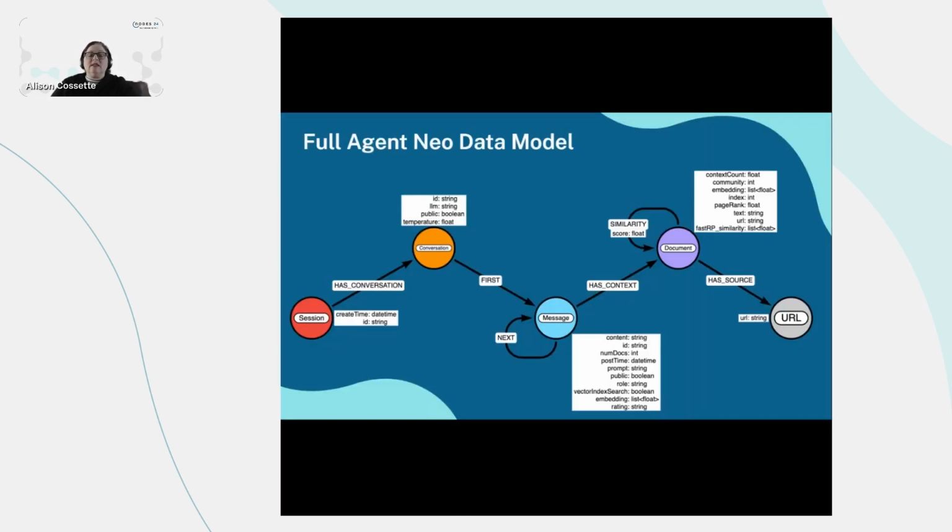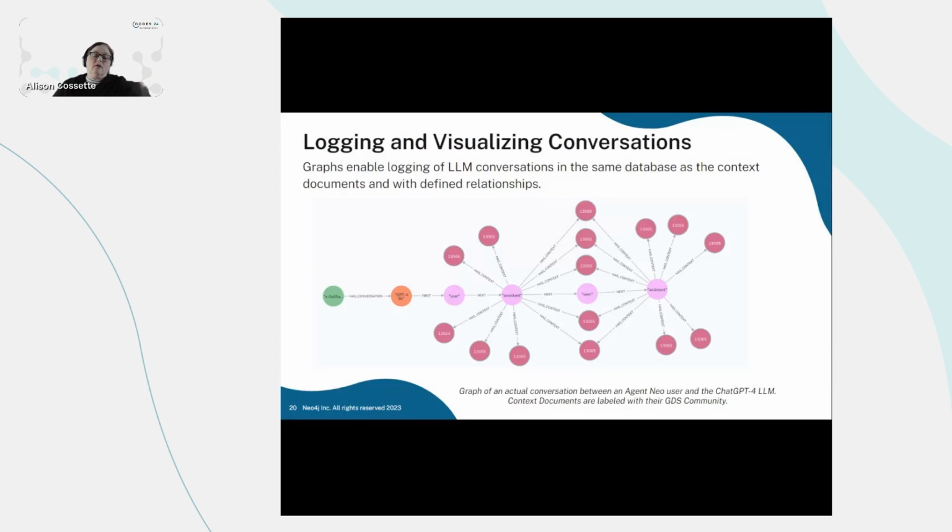By leveraging this data model, whenever you get a message response, you're going to get the URL of where that information came from. It allows the person to follow up on that citation for more information, dive deeper into something, or just have better confidence that the answer they're getting really is relevant to what they're looking for.